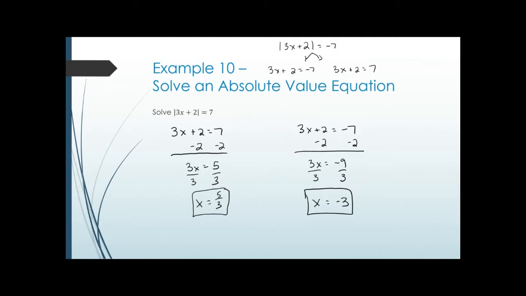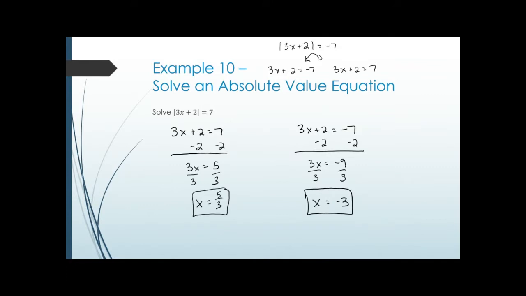But in that case, you do have to check your answers because the absolute value always gives you positive. So if you have an absolute value equal to a negative, that's an impossible solution. And so then you end up with no solution at all. So that's why I said you want to double check if it's equal to a negative, because an absolute value always gives positive.